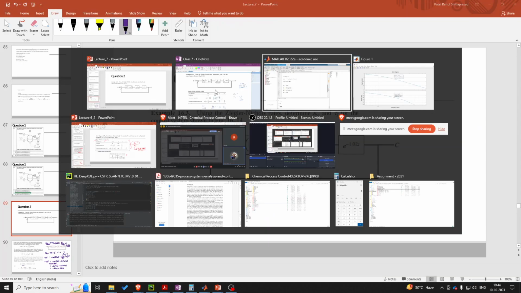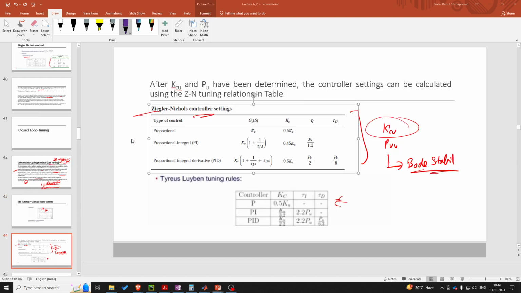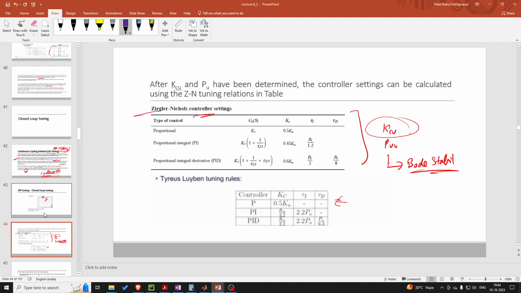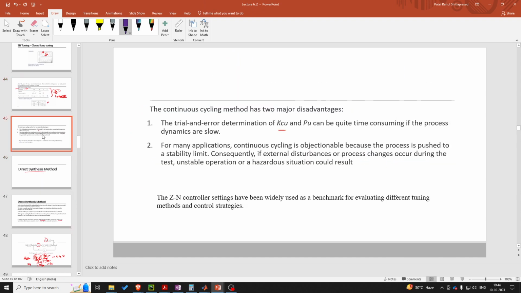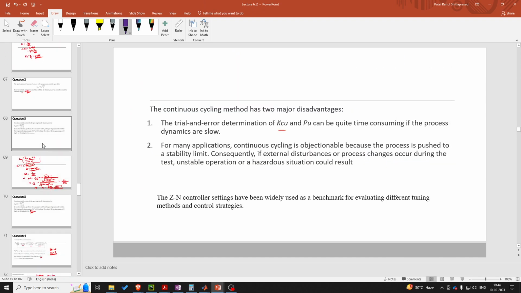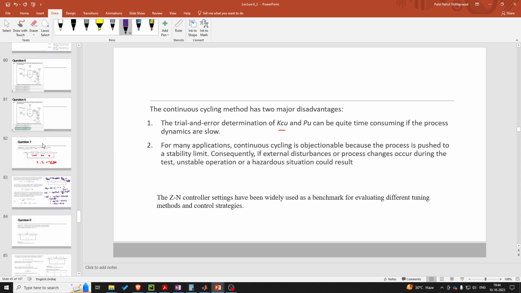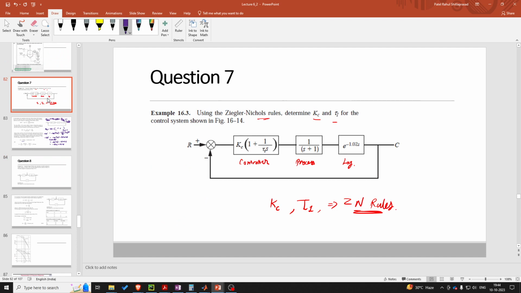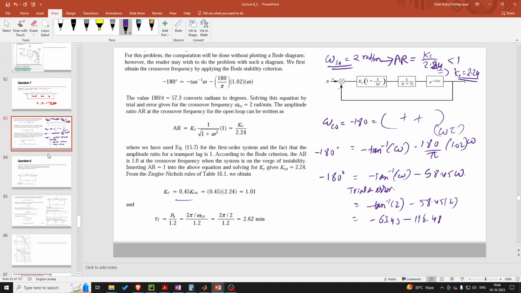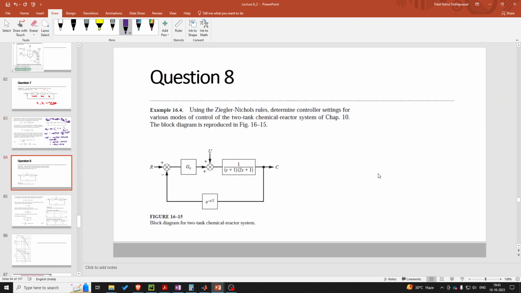So the next question that we are solving is again similar to this question. In this question, the controller parameters that we found were 1.0 and 2.62.